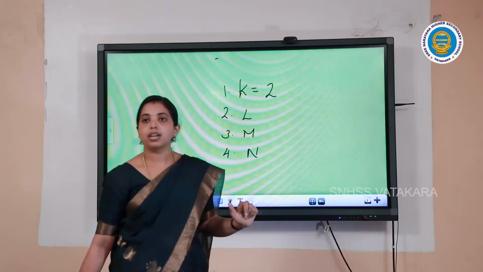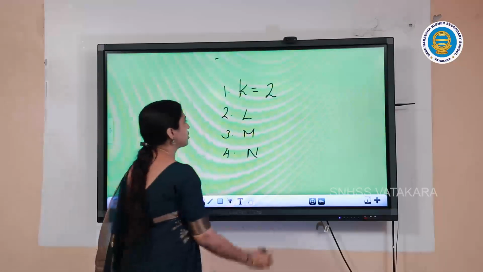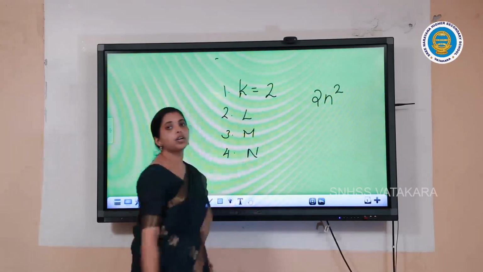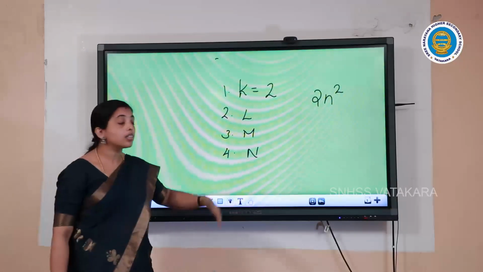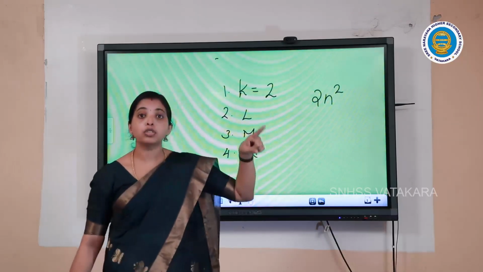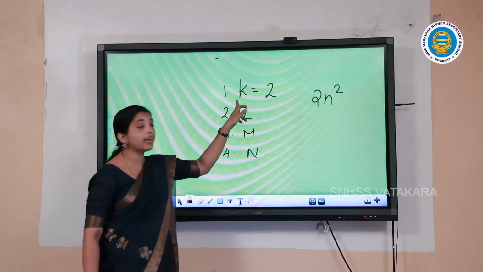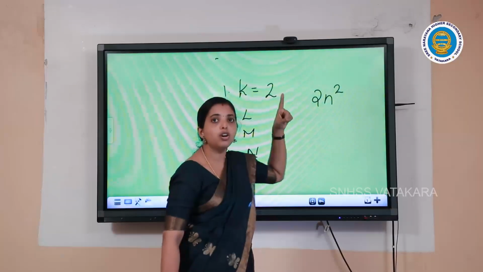We can find the maximum number of electrons in a shell by using a general formula. What is the formula? 2n squared. What does n represent? The position of the shell. K is the first shell, so n for K is 1.